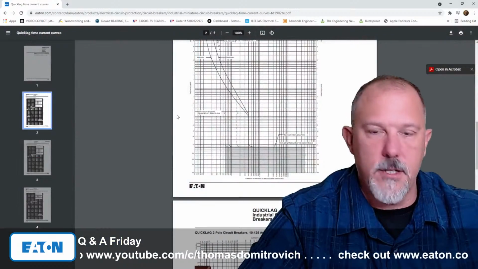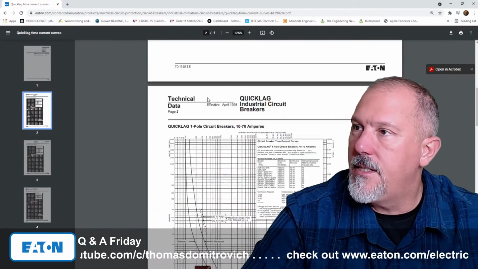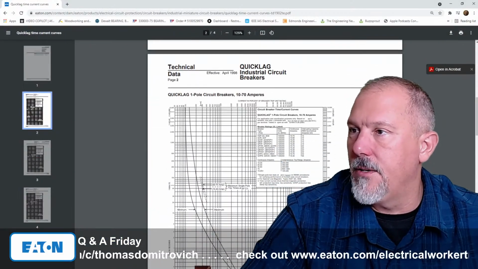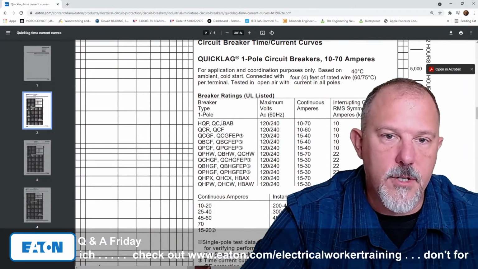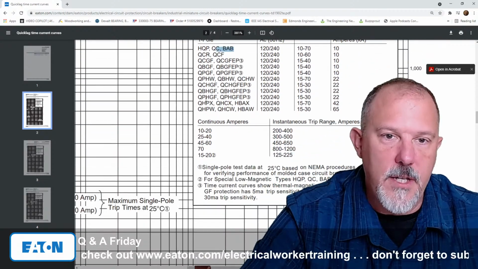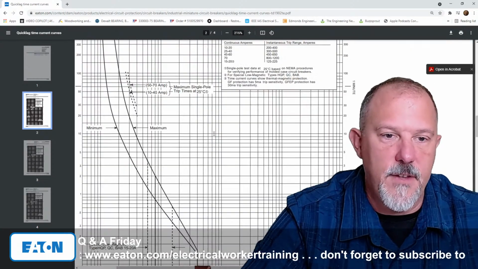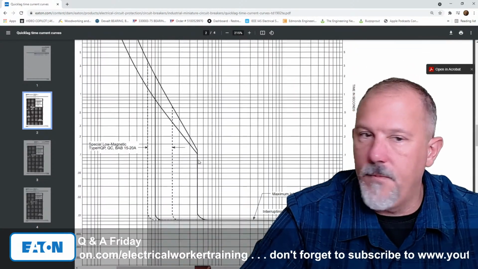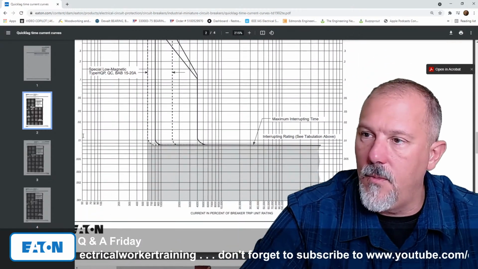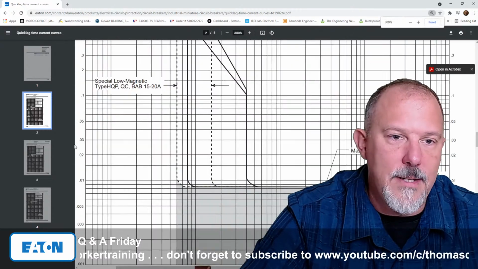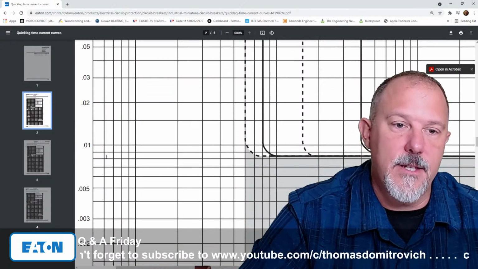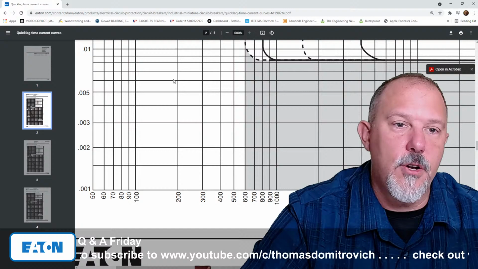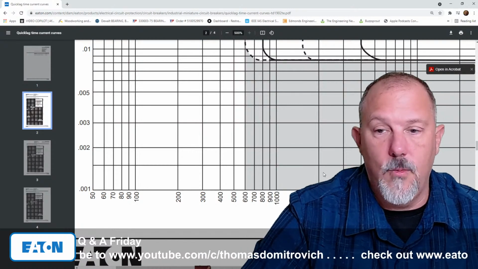Okay, here it is, ladies and gentlemen. These are our quick lag breakers, BAB. All of these QB breakers, all this good stuff. This is the time current curve, and look, there is 0.01 seconds. And there is what the curve looks like below 0.01 seconds.